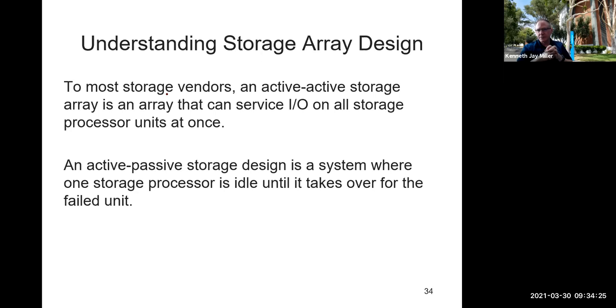That's similar to network load balancing. And then an active-passive is where we have one node that is actively processing the data, and the other node is in standby mode. That's typical of our failover cluster. All right, so active-active, active-passive.